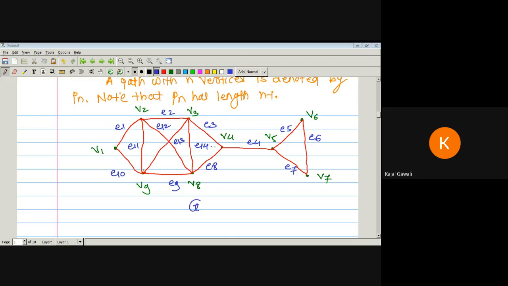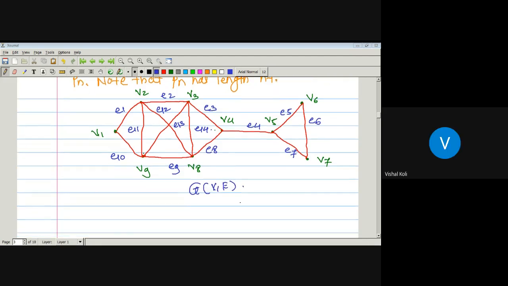So this will be a graph G with vertex set V and edge set E.